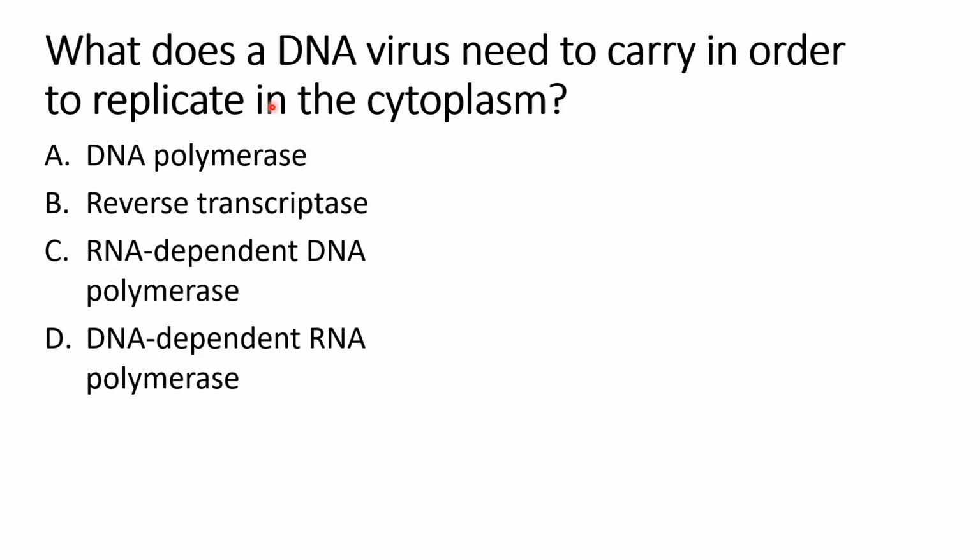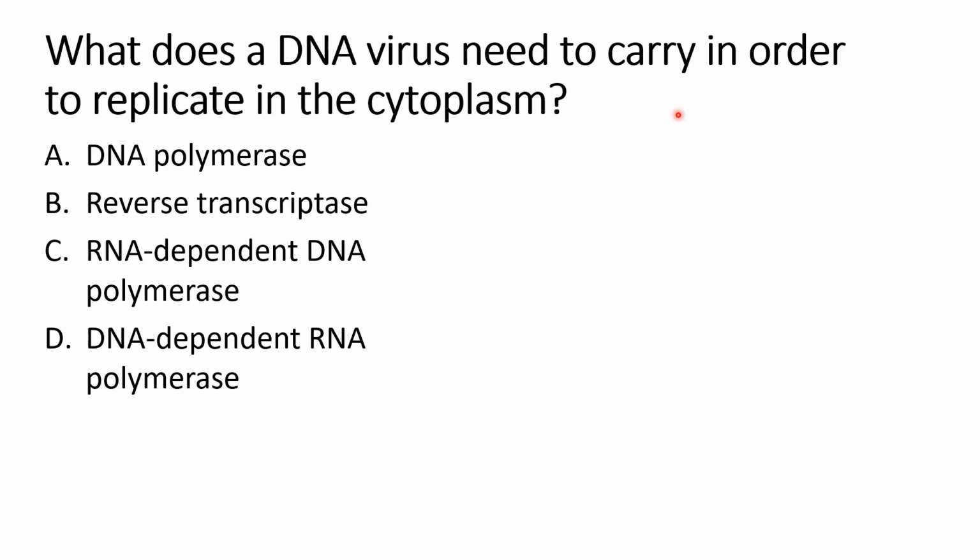Here's a question. What does a DNA virus need to carry in order to replicate in the cytoplasm? Please think about it for a few seconds and then we can discuss. Okay, did you guess by now? So again, this is a DNA virus.